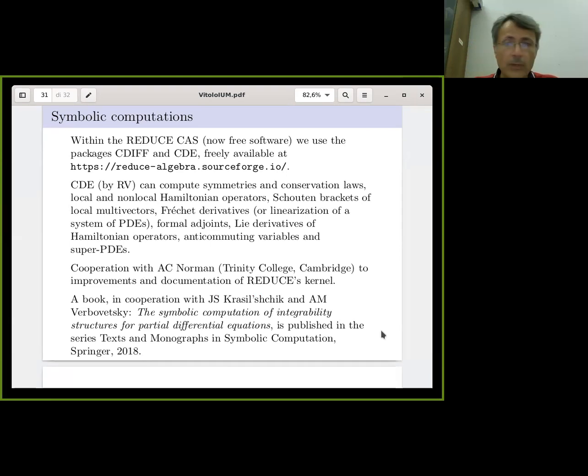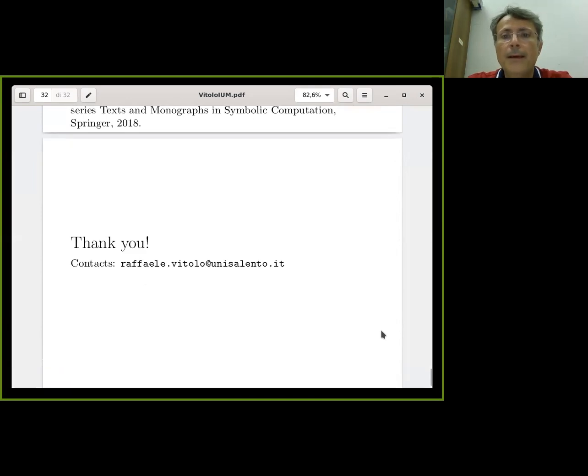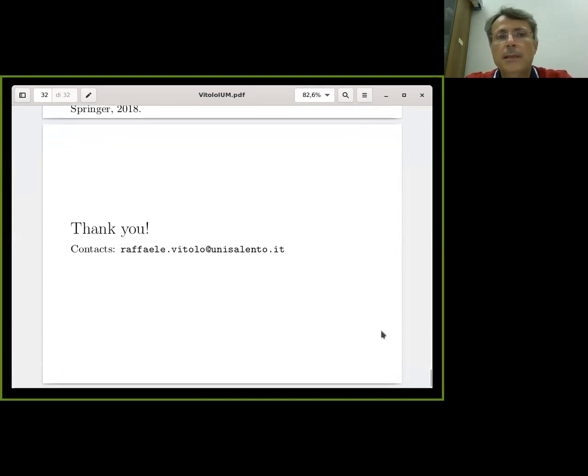And together with Joseph and Alec, we wrote a book on the symbolic computations of many different quantities related with integrable systems, symmetries, conservation laws, Hamiltonian operators, Gaussian operators, symplectic operators, and so on. If you are interested, you can ask us in private. Okay, thank you very much.